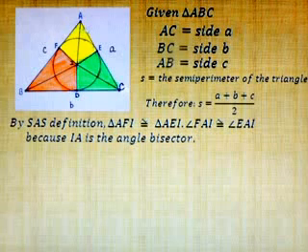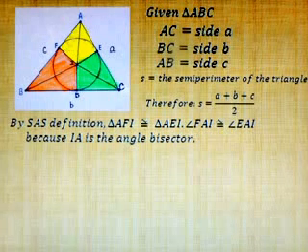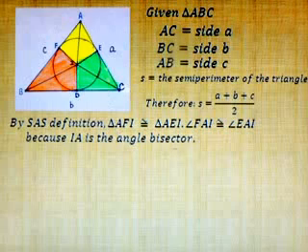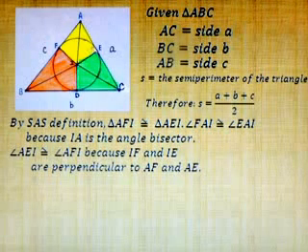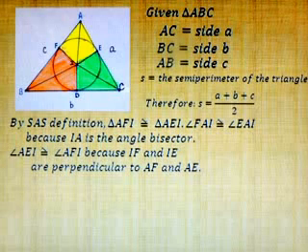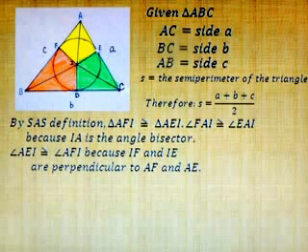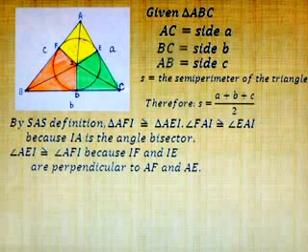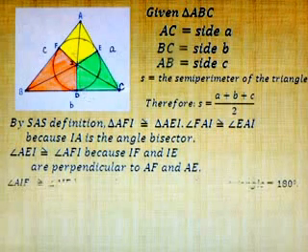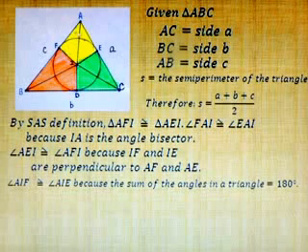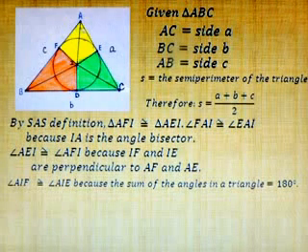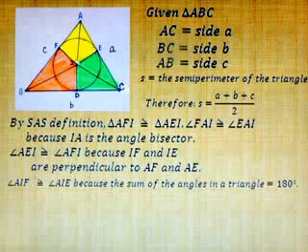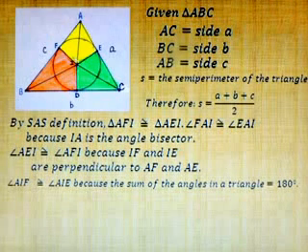Now looking at angle AFI and angle AEI, by construction these were right angles because these 2 radii on the circle were created with perpendicular intersectors. And all angles in a triangle equal 180 degrees. So if this angle is congruent with this angle and this angle is congruent with this angle, then FIA will also be congruent with AIE.